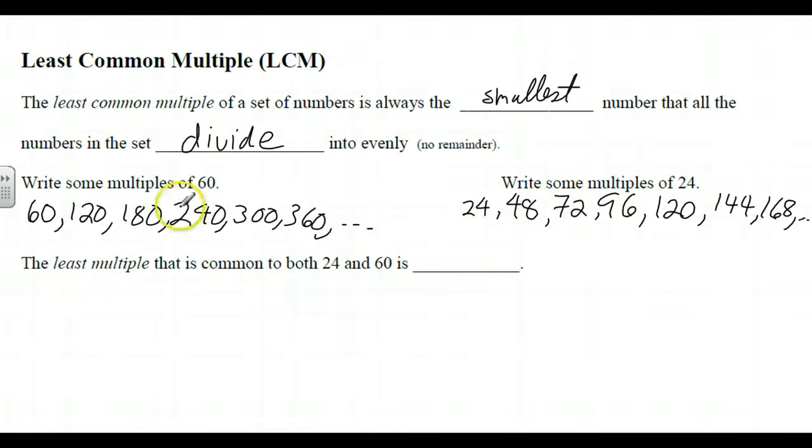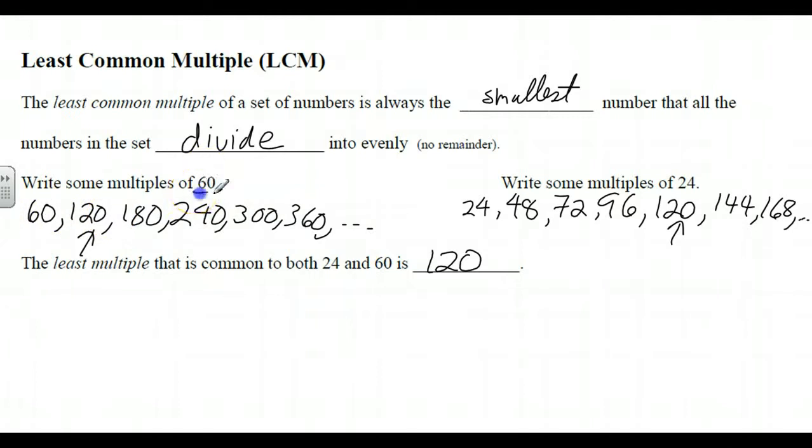Nope. Okay, 120. Yes, it is. So the lowest common multiple that's common to both 24 and 60 is 120. That is the least common multiple. It's the smallest number that all the numbers divide into evenly. So 24 goes into 120, 60 goes into 120, and it's the smallest number that they both go into, right?